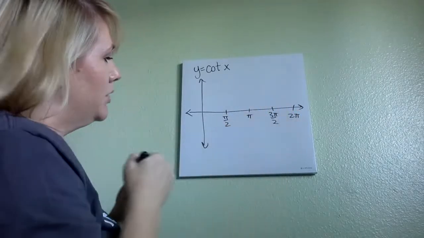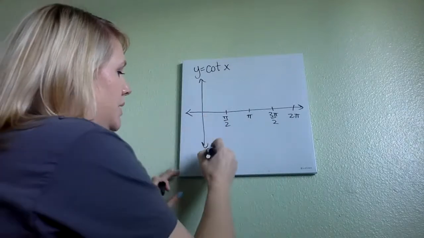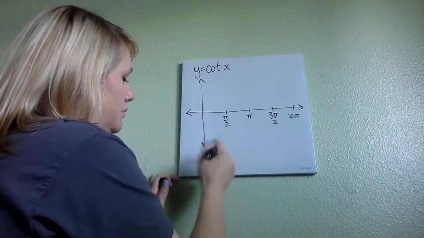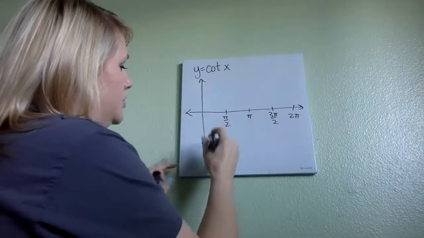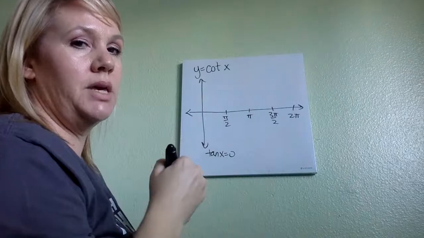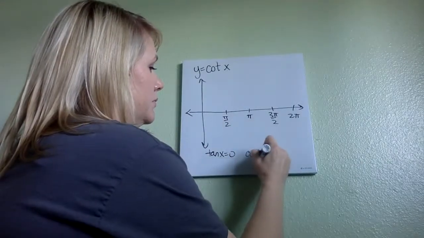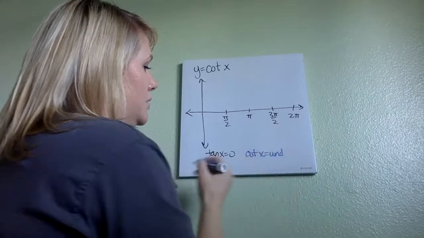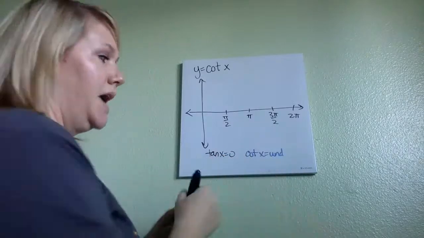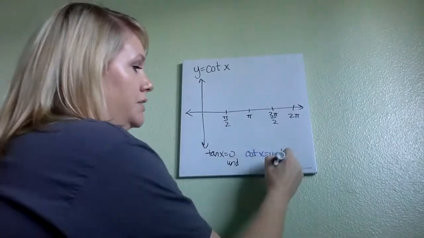If you remember, the tangent function had an asymptote at pi over 2. If the tangent is equal to 0, then the cotangent should be undefined. So the same is true if the tangent is undefined, then the cotangent would have a 0.